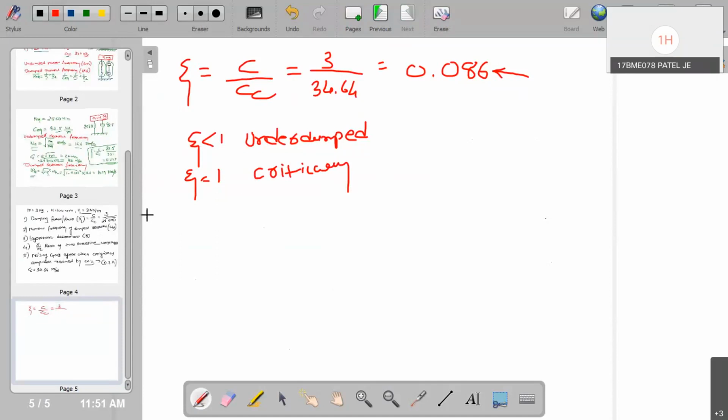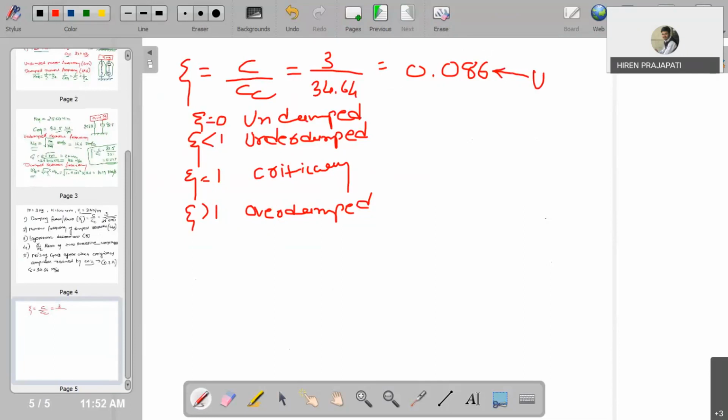If zeta is greater than 1, then overdamped. And if zeta is 0, then C is 0, that's why we're getting zeta 0. Then it is called undamped, means there is no damper. So this is an underdamped system, and that's why we are getting oscillation. Oscillations are only possible in undamped and underdamped systems. In critically damped and overdamped systems, there is no oscillation, right?